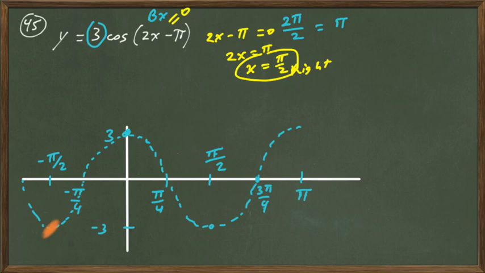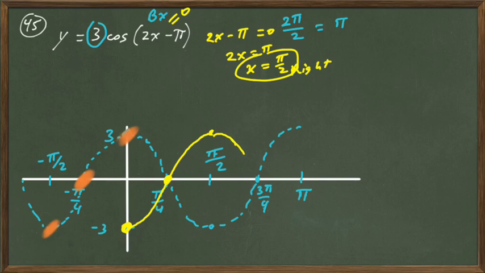Do you see this point? If you move it pi over 2 to the right, where is it going to be? Is it going to be here? If I take this point and I move it pi over 2 to the right, where is it going to be? Right here? If I take this point and I move it pi over 2 to the right, where will it be? Here? So I believe it's not a line, it's a curve.